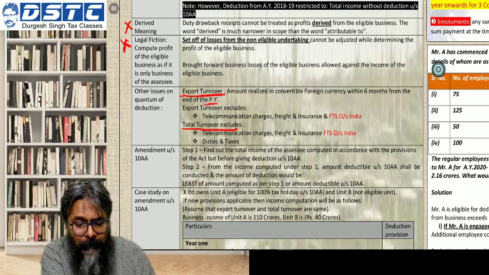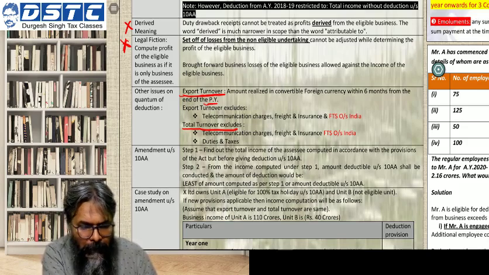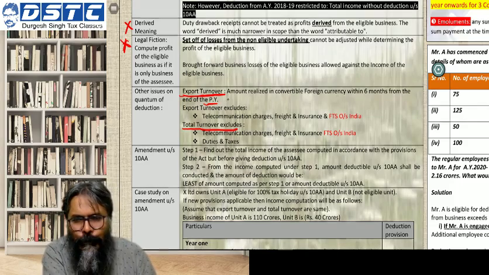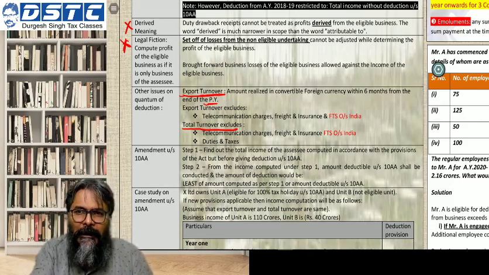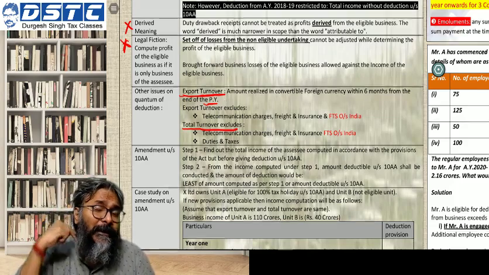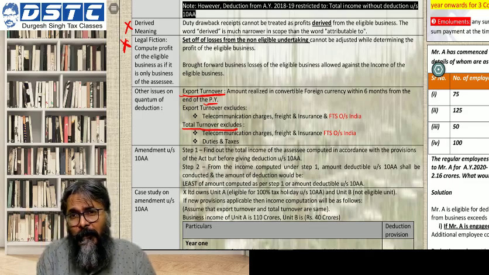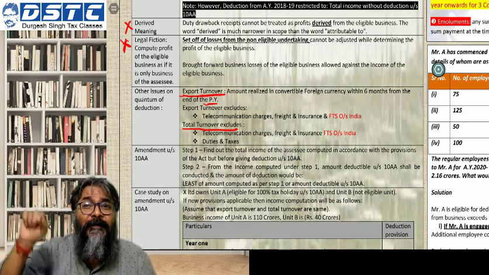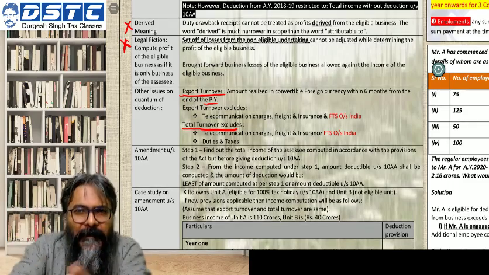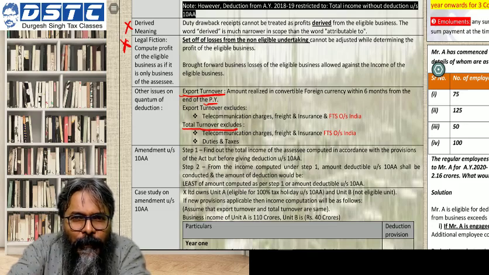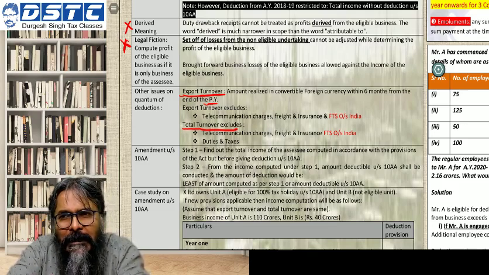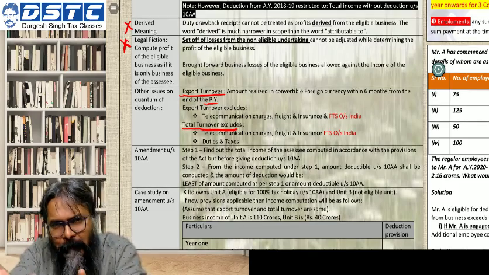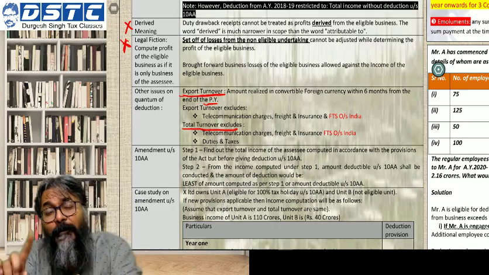So the numerator, which is the export turnover, is on the basis of the realized foreign currency, and that realization should happen within 6 months from the end of the previous year. If your previous year is 2019-20, you should look into 30th September 2020. By that time, whatever export turnover has been realized will form part of your numerator.